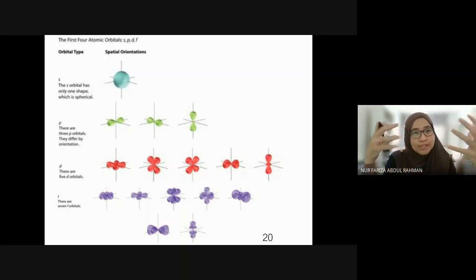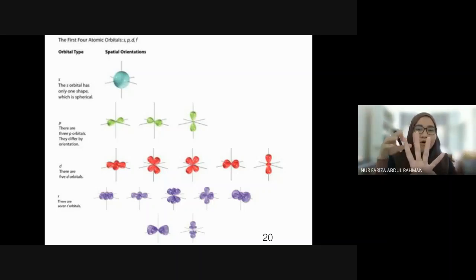So what do orbitals look like? So far we have 4 orbitals, S, P, D and F. The S orbital has a spherical shape, round. It means the electron can be found in this spherical shape.